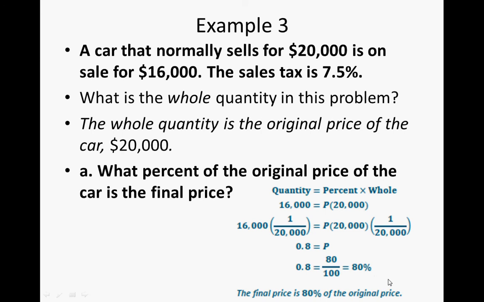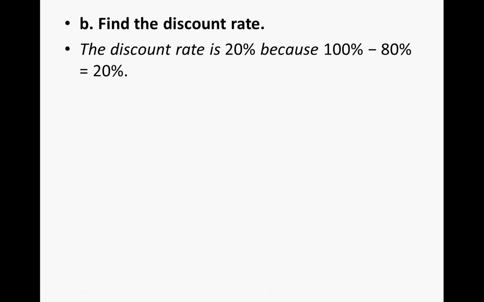So the final price is 80% of the original price. All right, so now we're asked to find the discount rate. Well, that's easy, because if it was 80% of the original price, then the discount rate is 20%, because 100% minus 80% is 20%.